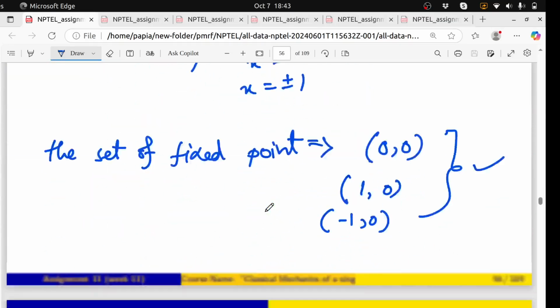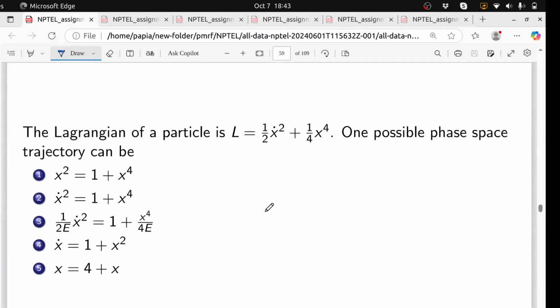Now coming to the next question. The Lagrangian of a particle is x dot square plus x to the power 4 by 4. One possible phase space trajectory can be what? Okay.